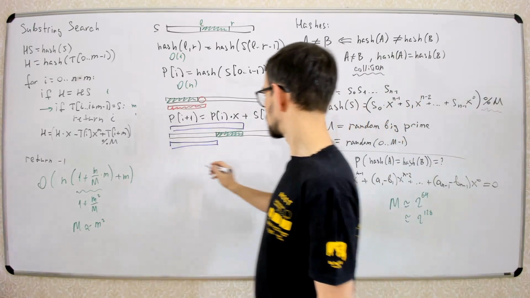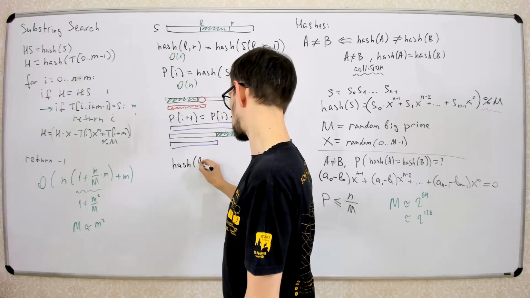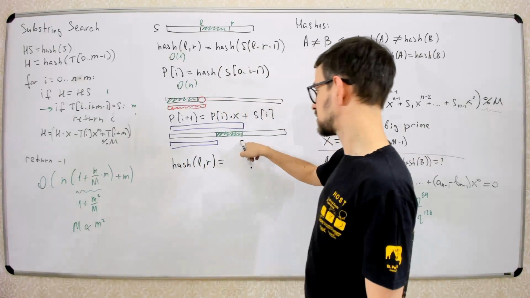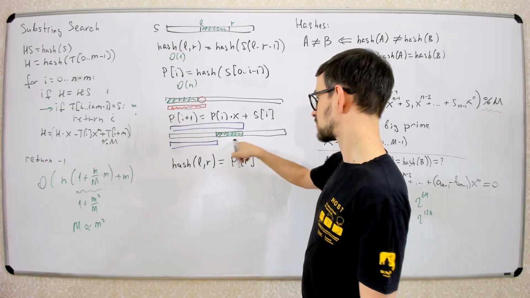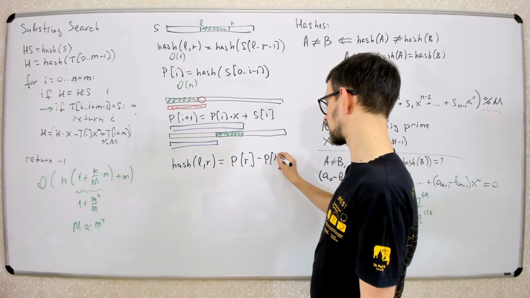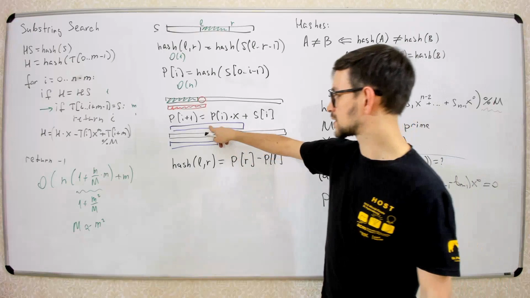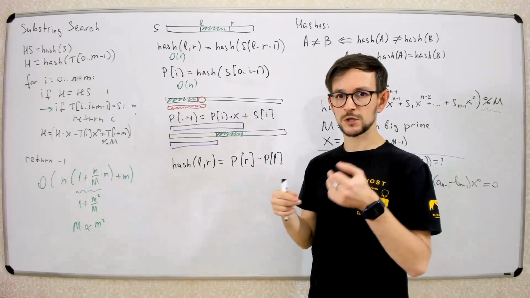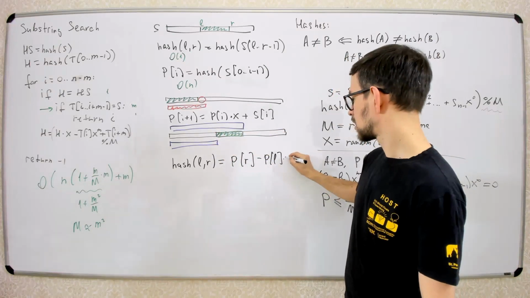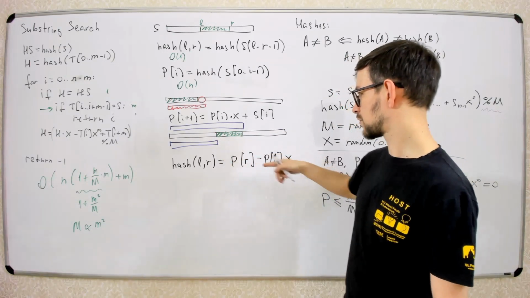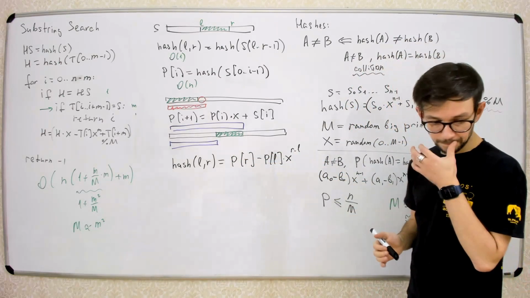So if you calculate the hash from L to R, you take the polynomial for this substring, which will be P R, and then subtract this small polynomial P L multiplied by the difference of the powers. These coefficients have different powers of x, so to normalize them, you need to multiply this polynomial by x to the power of the difference of lengths, so x to the power R minus L. That's all.